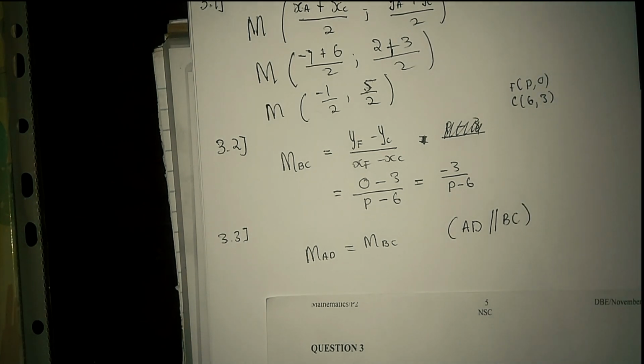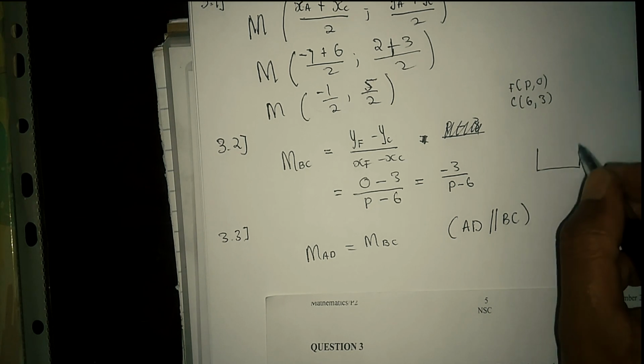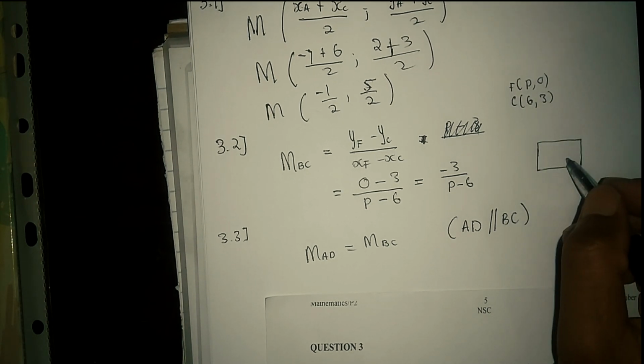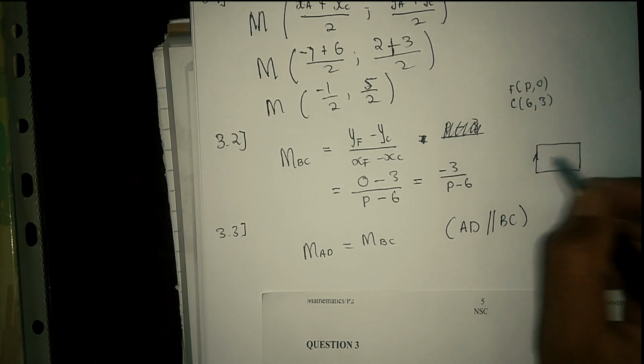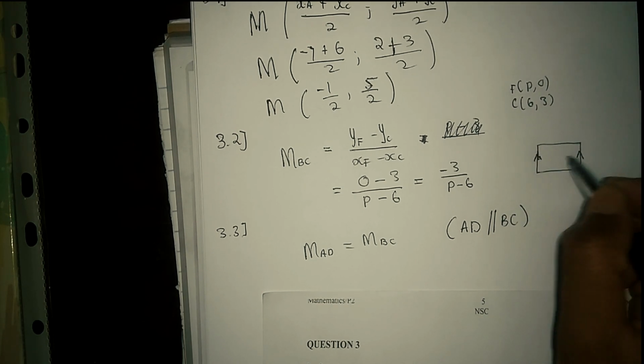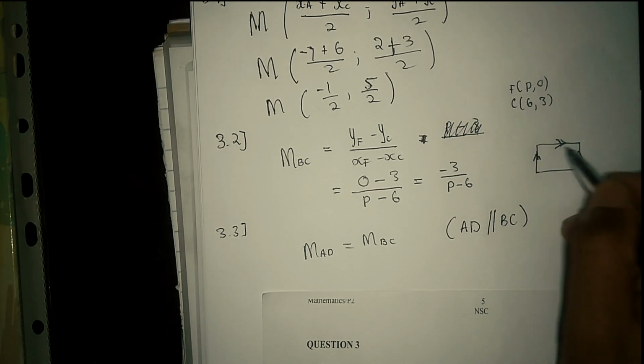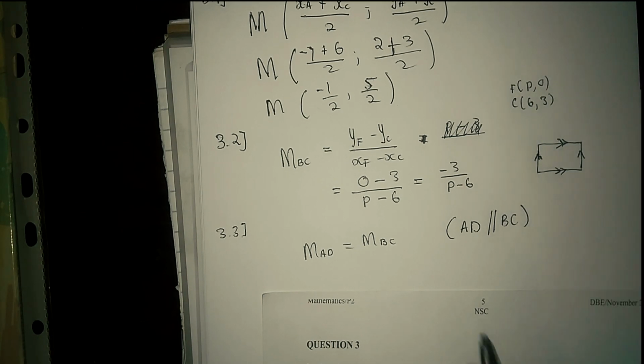These are the properties of a rectangle: this side is parallel to this one, and this one is parallel to this one.